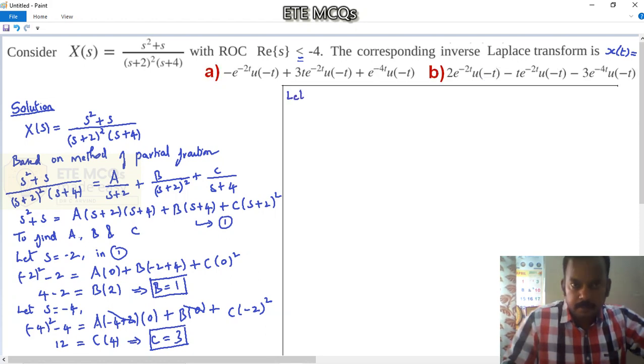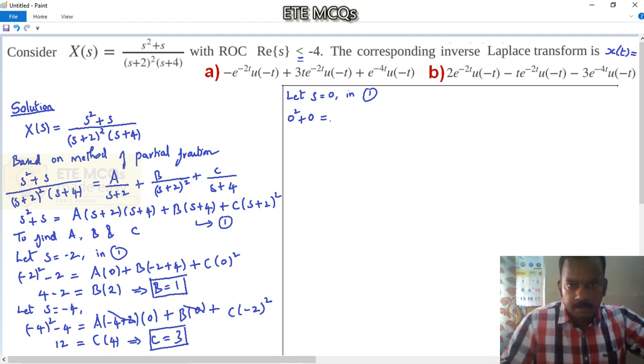Let s equal 0 in 1. When you do that, you get 0 squared plus 0 is equal to a into 2 into 4 plus b into 4, because we have s plus 4.